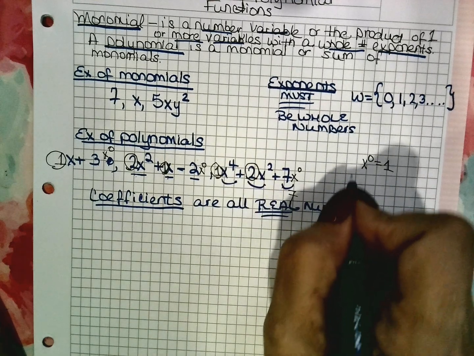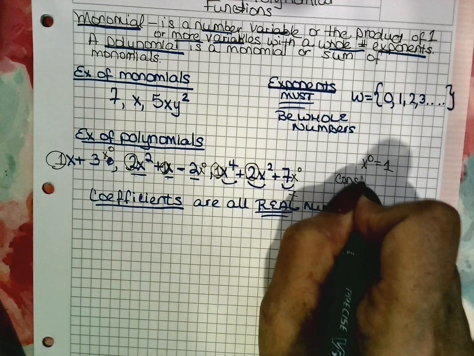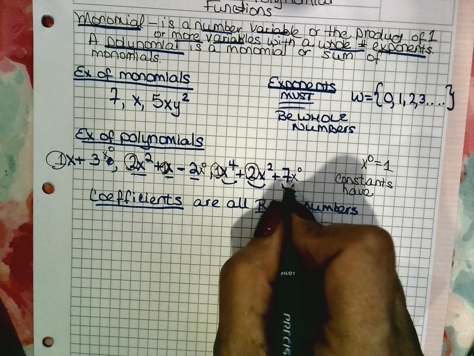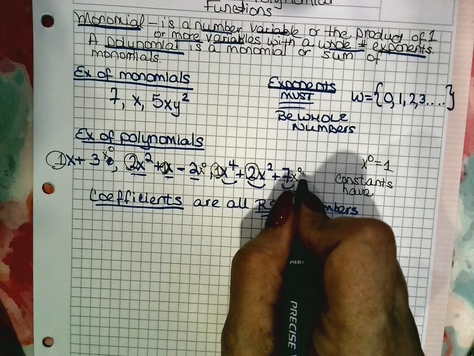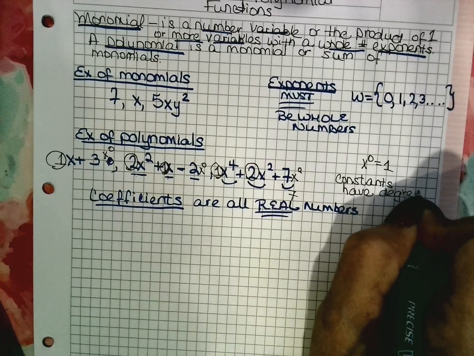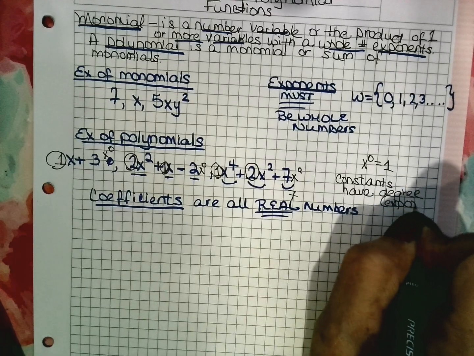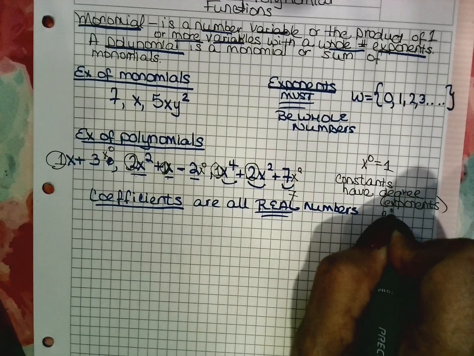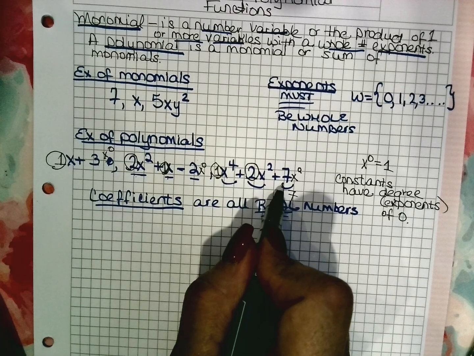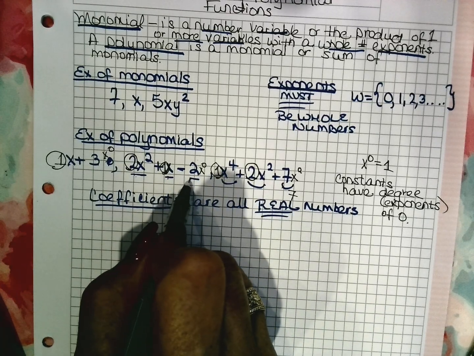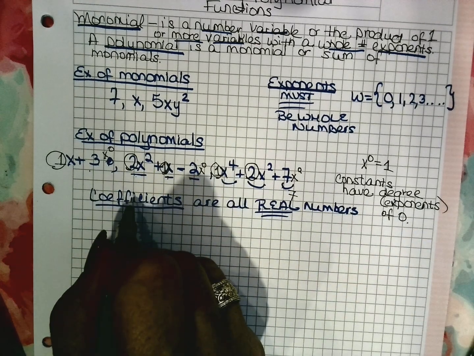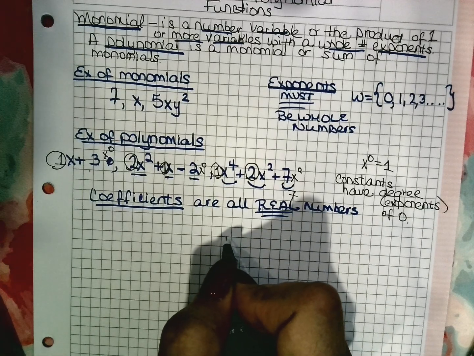So what you need to know is that constants have this exponent, also called a degree, of 0. All right, and so 7 technically is a coefficient. Again, that has to be a real number. 2 is technically a coefficient. That's a real number. And 3 is a coefficient. That's a real number. So coefficients are all real numbers.